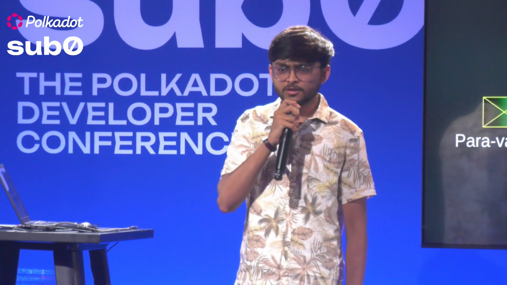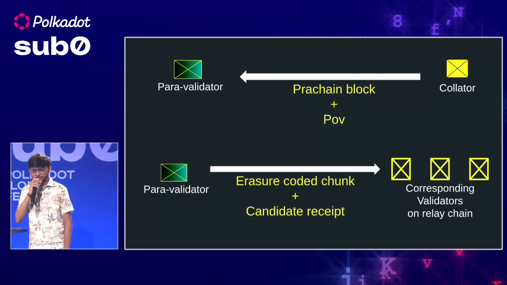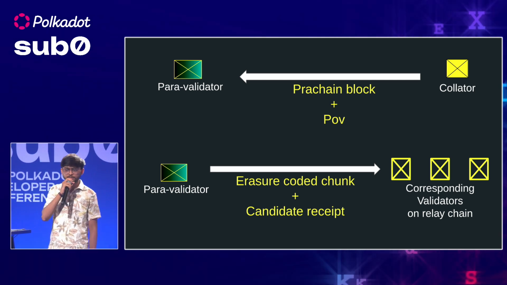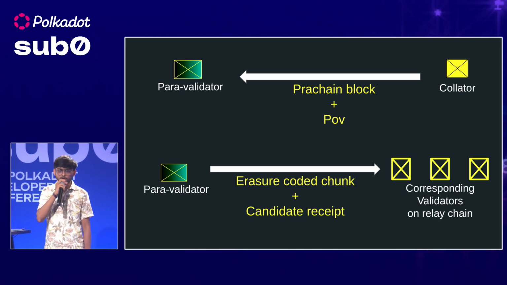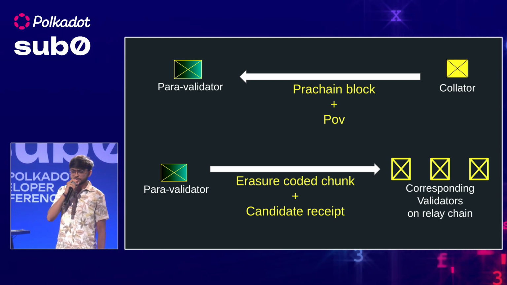For Polkadot to scale to thousands of parachains, the proof of validity needs to be represented in something smaller in size, and that's why the parachain validator will create a candidate receipt of that parachain block.